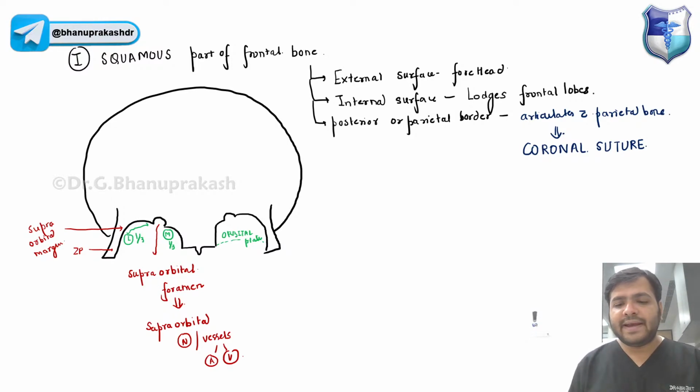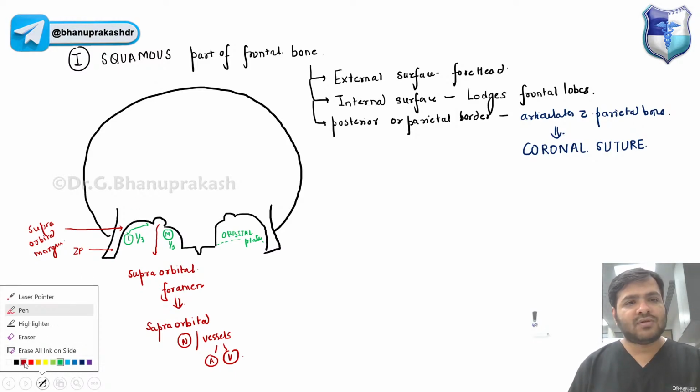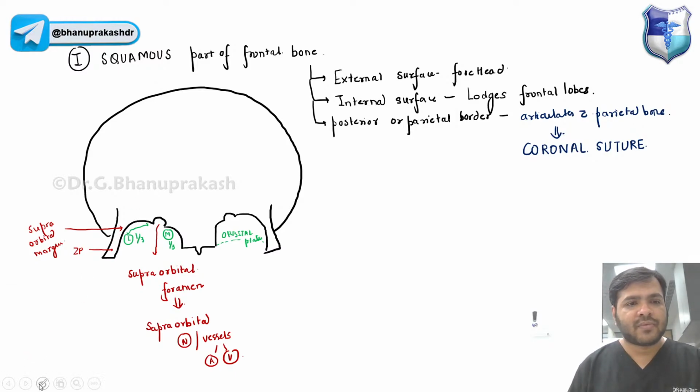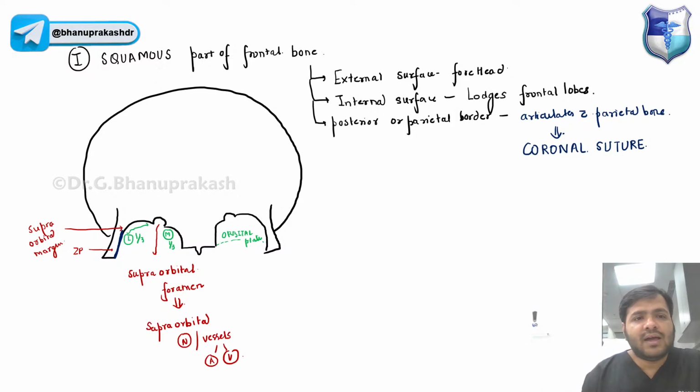Now the lateral end of this margin, guys, if you just see this particular end, will be forming the zygomatic process. Yes, Kailash, very good. It will form the zygomatic process. And this zygomatic process is a part of the squamous part.